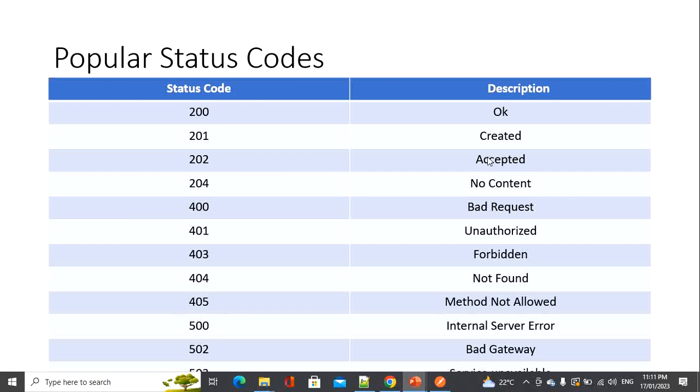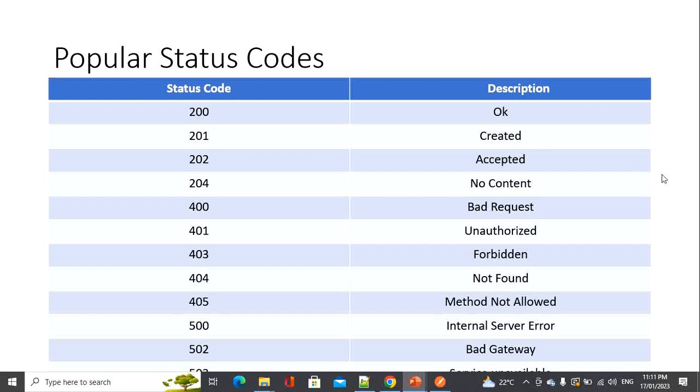Whenever a client hits a particular endpoint on the server, if that server takes a good amount of time, like 6 or 7 seconds, then the server will immediately send a response back to the client with the status code 202, meaning accepted.